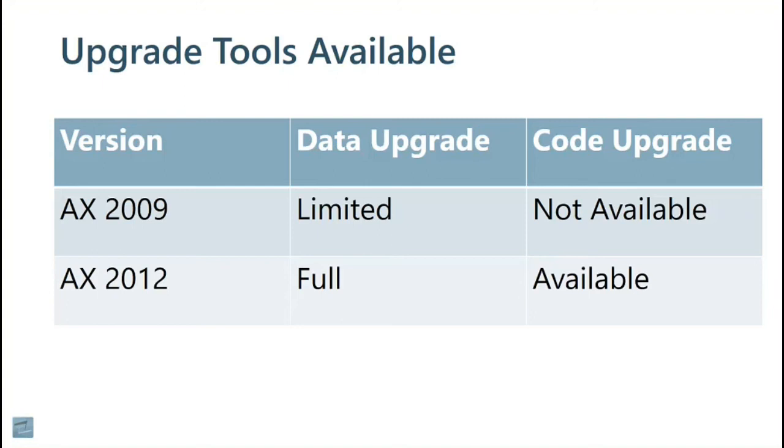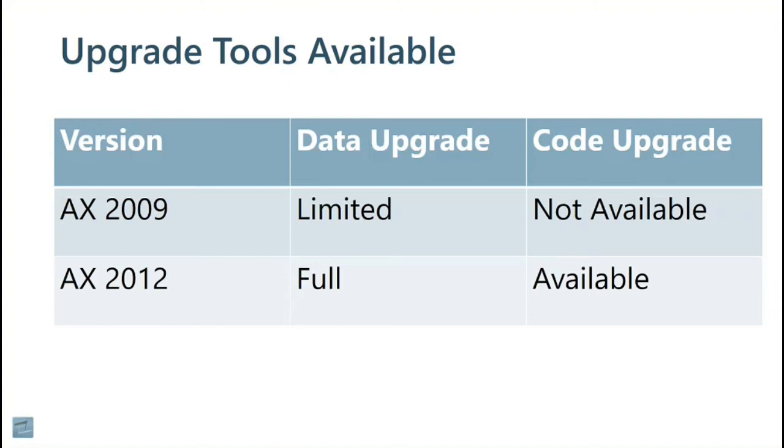Basically, from a technology standpoint, Microsoft has taken the data import-export framework that was introduced in AX 2012 and backported that. And so from a technology standpoint, you're using the data import-export framework to extract data from your AX 2009 environment into a file format, Excel or CSV.